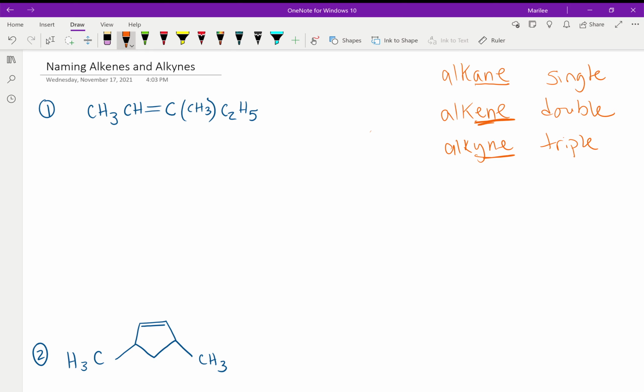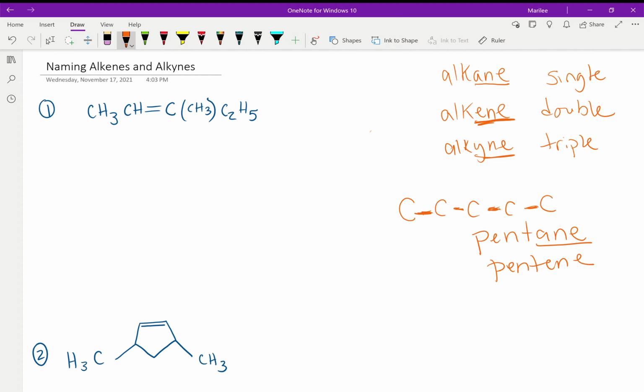So if you remember an example we did, I don't remember how many carbons it had. If we have a carbon chain of 5 carbons, that would be pentane, right? If any of these single bonds is a double bond, then pentane will be switched to pentene.